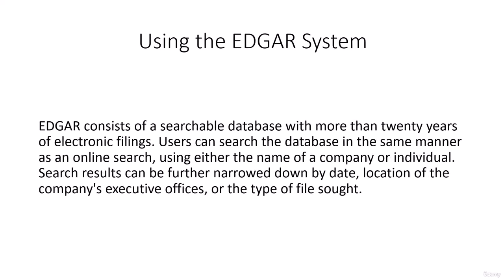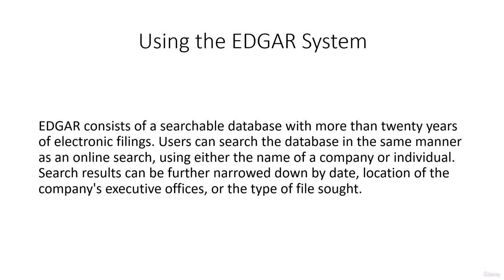Using the EDGAR system. EDGAR consists of a searchable database with more than 20 years of electronic filings. Users can search the database in the same manner as an online search, using either the name of a company or an individual. Search results can be narrowed down by date, location of the company's executive offices, or the types of files sought.